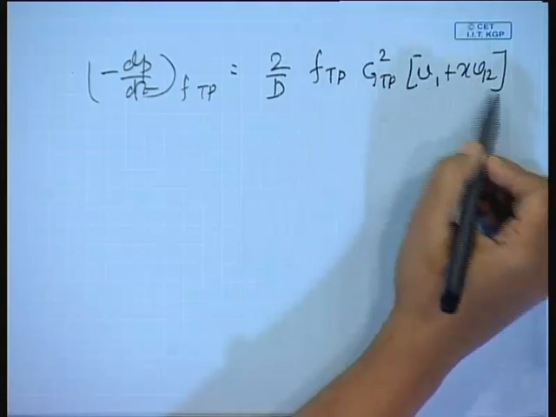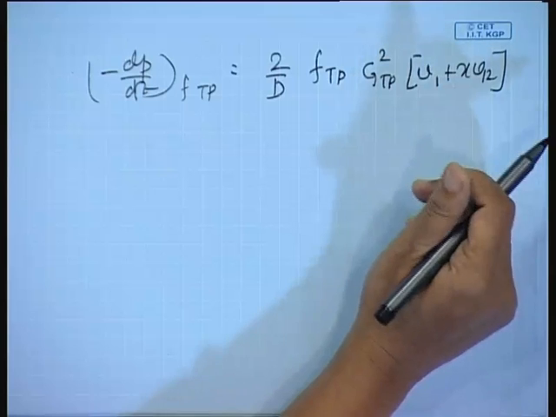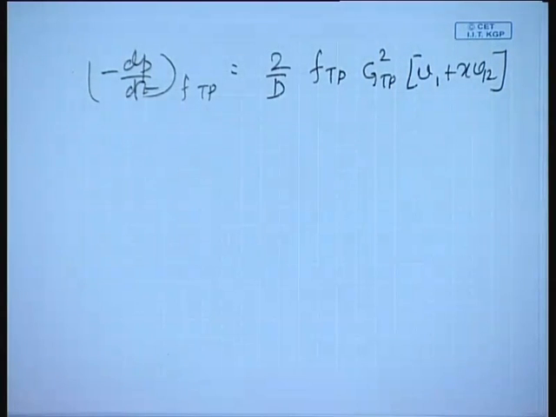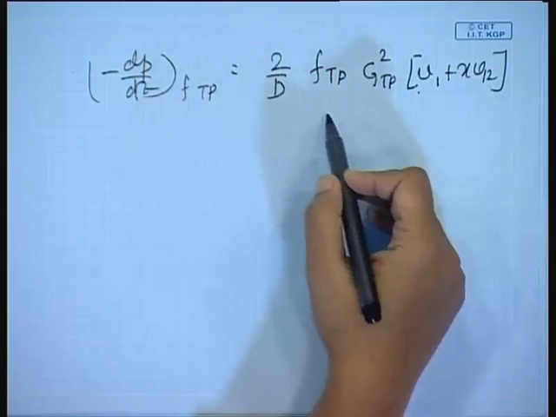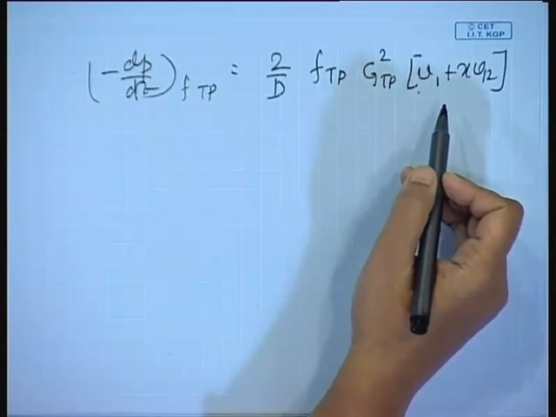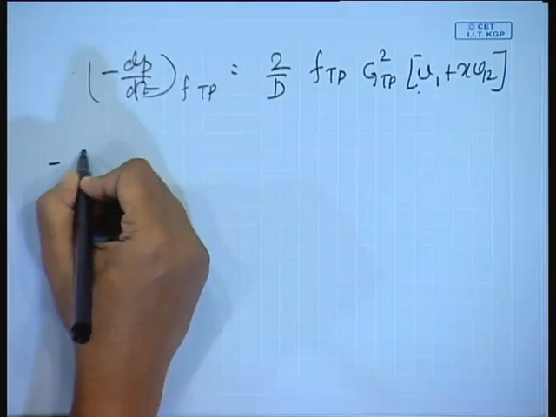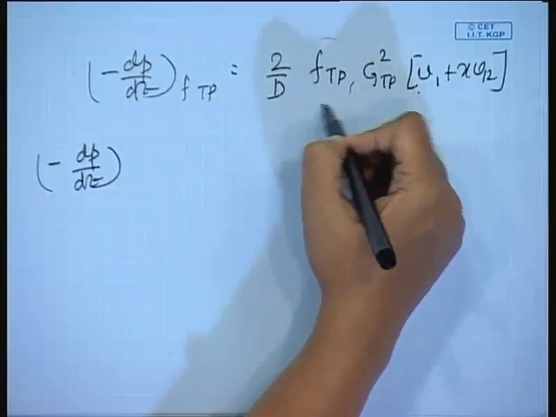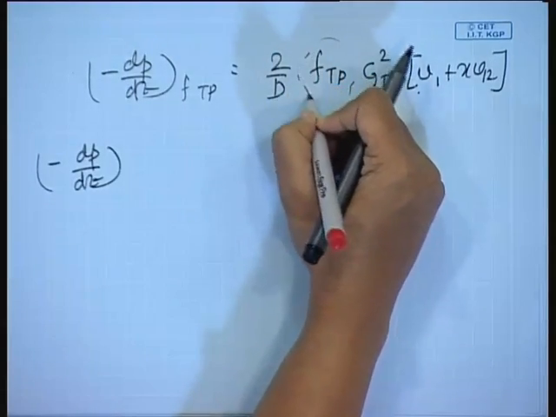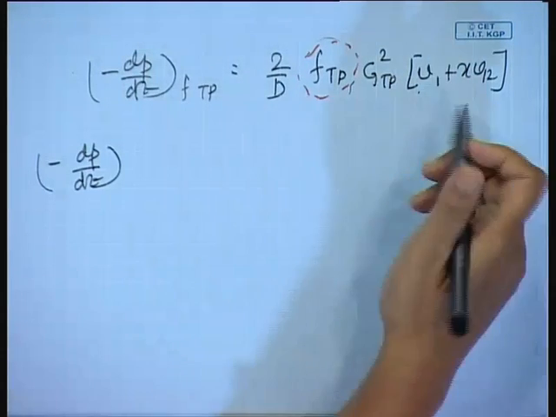Why have I written it in this particular form? Because if we have to find out the properties using Mollier charts, steam tables, etc., then from there it is very easy to get V1, V12 and so on and so forth. So, this can be written down in this particular form, agreed. Then we find that here everything we know except this FTP term. This is the only unknown, other than that all the terms we already know, isn't it?